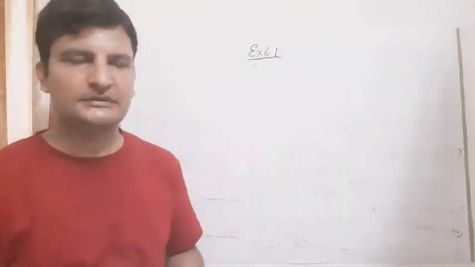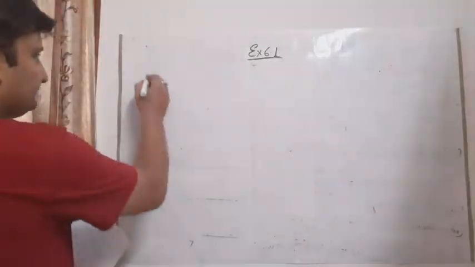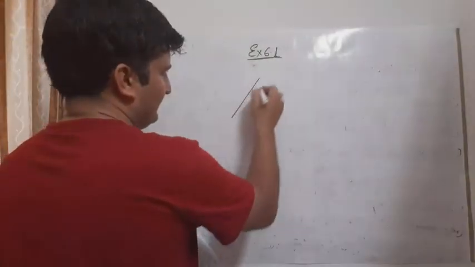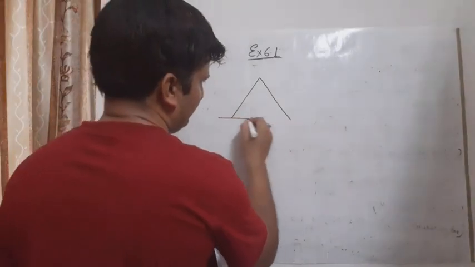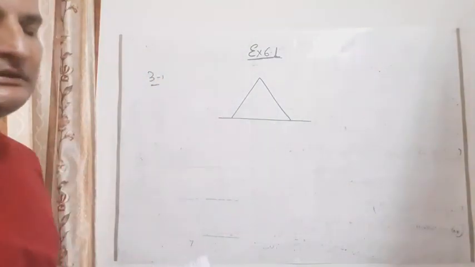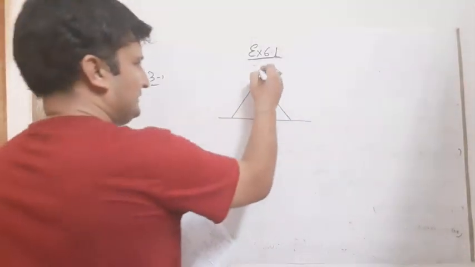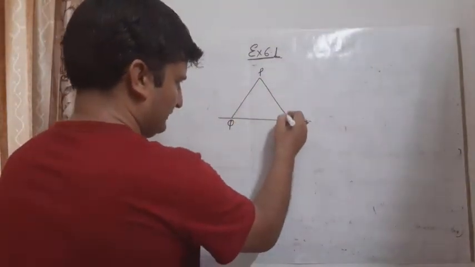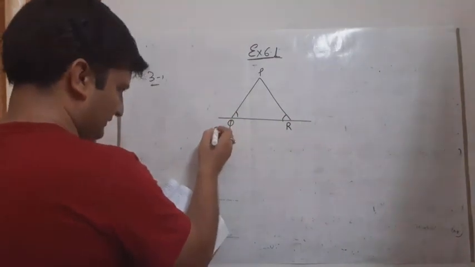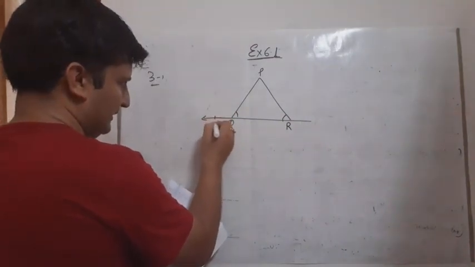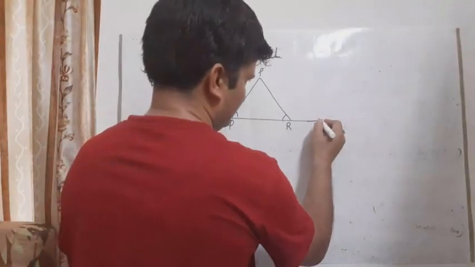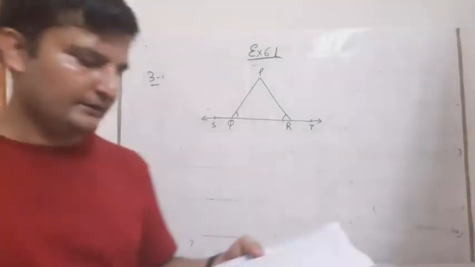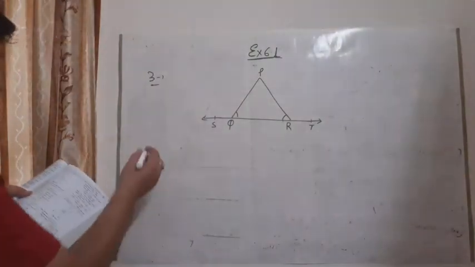Students, now the third question. It is given in the figure; I have told you earlier to make the figure first for these types of questions. It is P, it is Q, it is R, and this is S, and this is T. Now students, we have to see what they have given us.